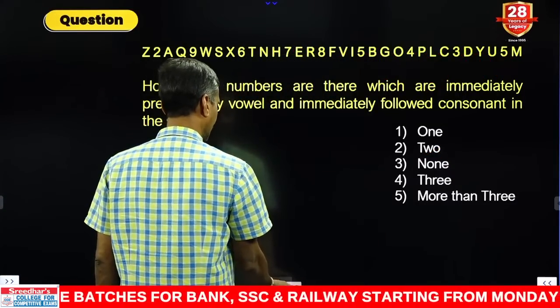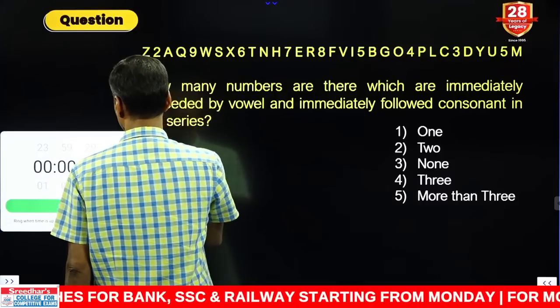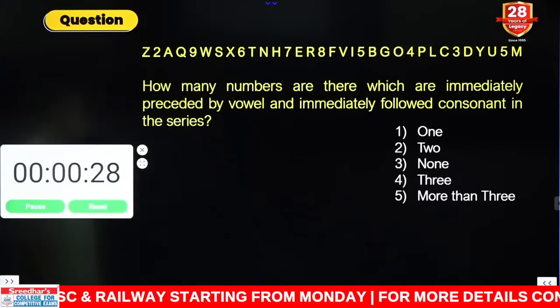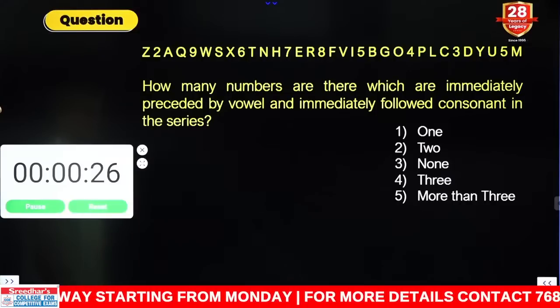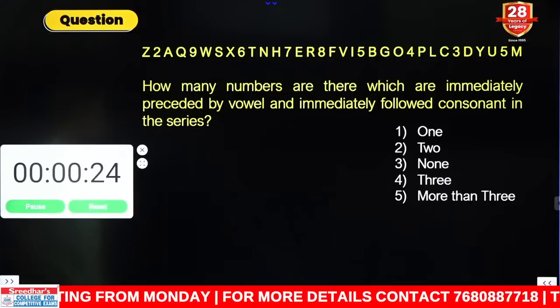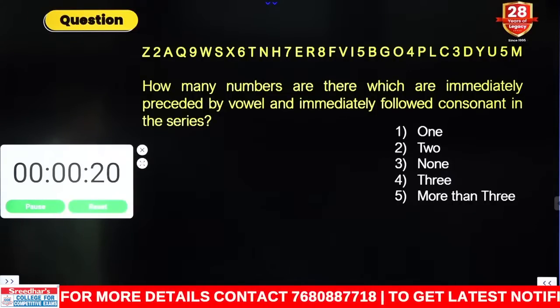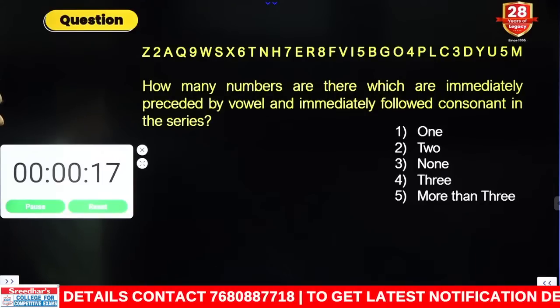Yes, question number 15, please. How many numbers are there which are immediately preceded by a vowel and followed by a consonant? Number preceded by vowel and followed by a consonant. Tell me your answer in this case.